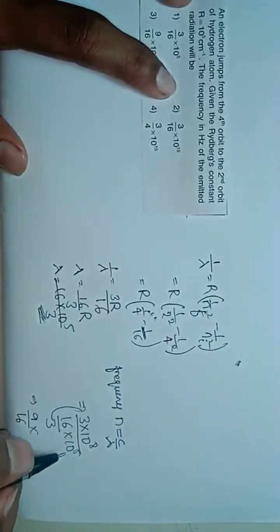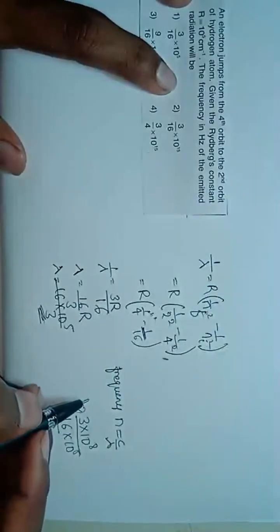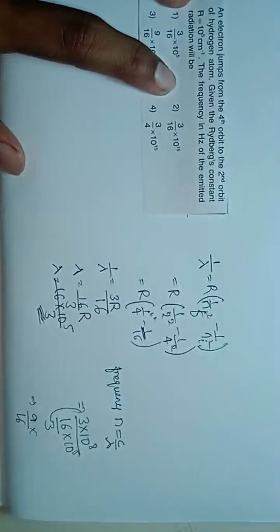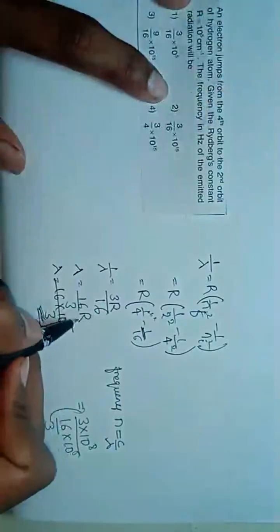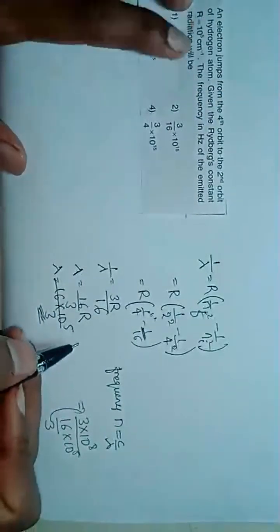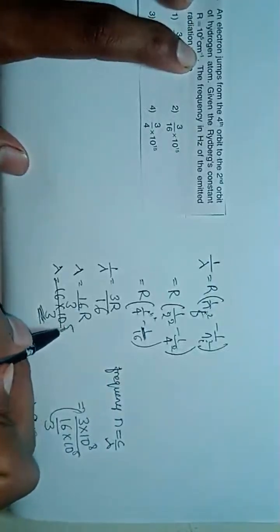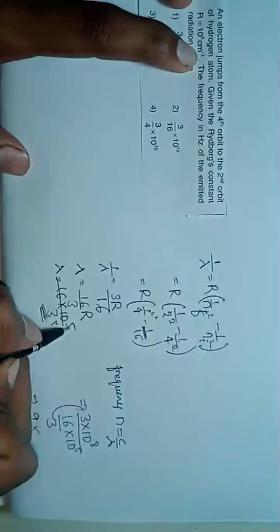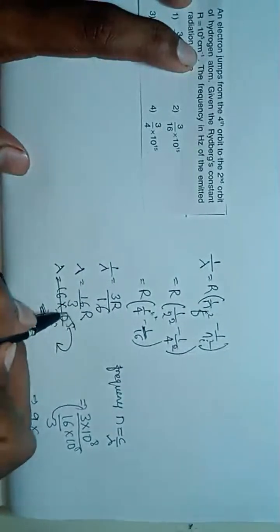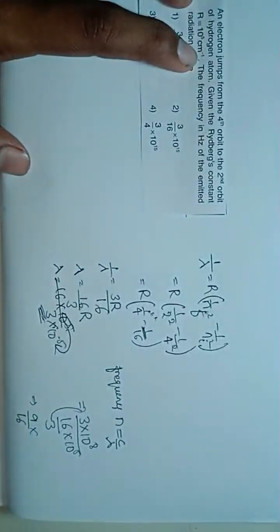Since they have given R in per centimeter, you have to keep this 10 power of 5 below, so it is 10 power of minus 5, which will go up now.